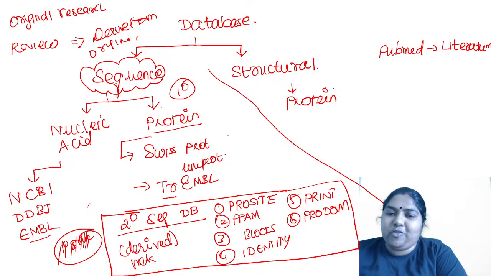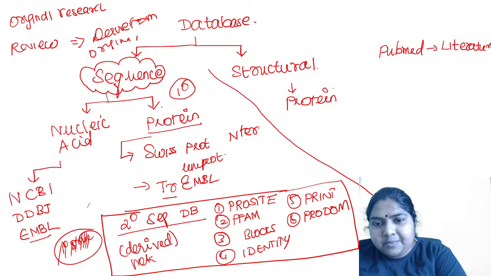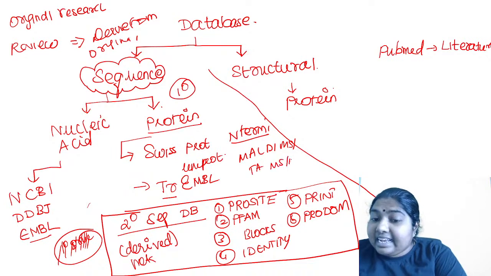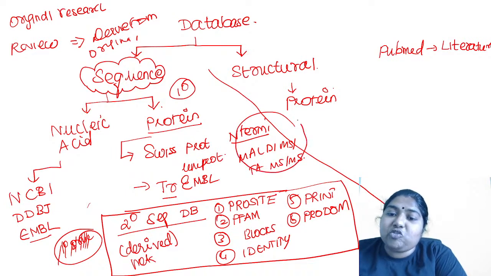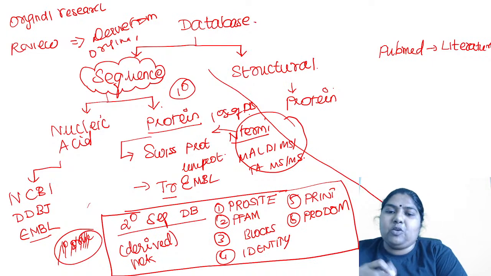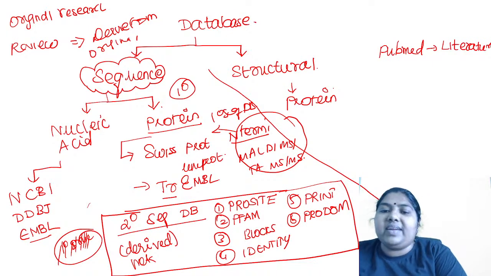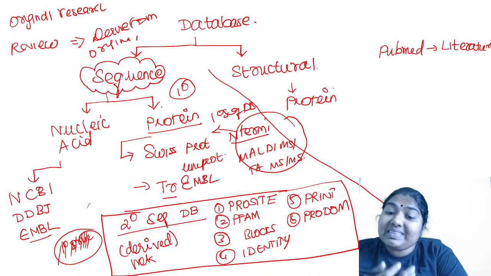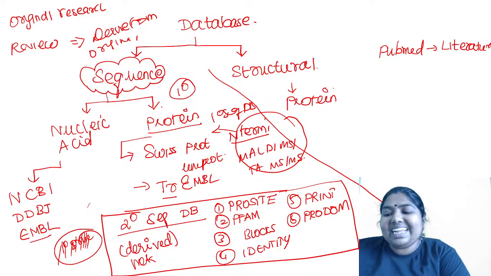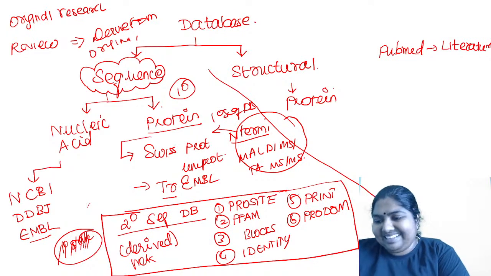Maybe you could have performed an N-terminal sequencing, maybe you could have done a MALDI-TOF MS, maybe you could have done the tandem MS. Experimental data is what is fed into this primary sequence database. In secondary sequence, we do not do any wet lab. What you do is gather all the information from already existing databases.